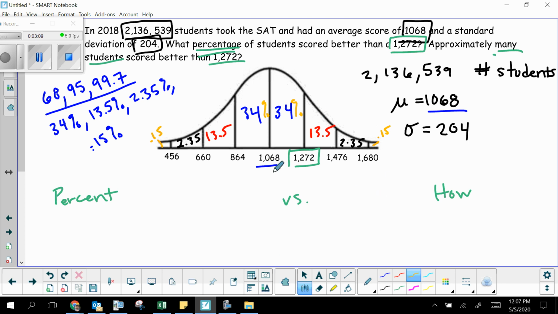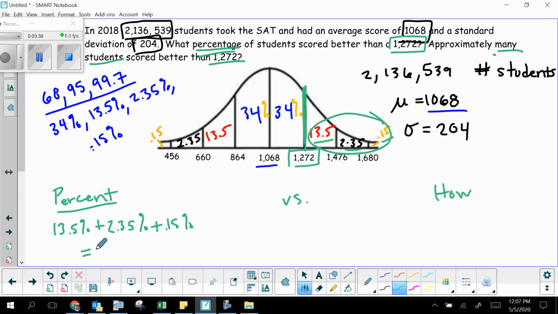Now, what percentage of students scored better than a 1272? Well, better than would be above this. So we're talking about these three sections of our graph right there. All we need to do is add those percents up. What is 13.5% plus 2.35% plus 0.15%?